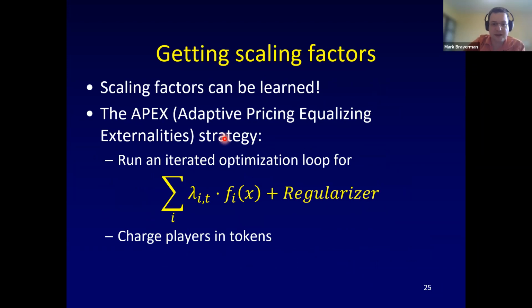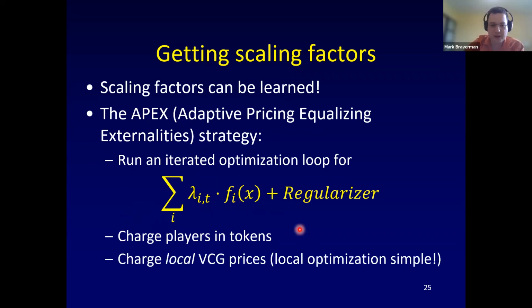And this is our main meta algorithm. We call it APEX, adaptive pricing equalizing externalities. Basically, we'll try to learn those lambdas. We run an iterated optimization loop where at every round we optimize a weighted sum of utilities. We charge players their externality in tokens.